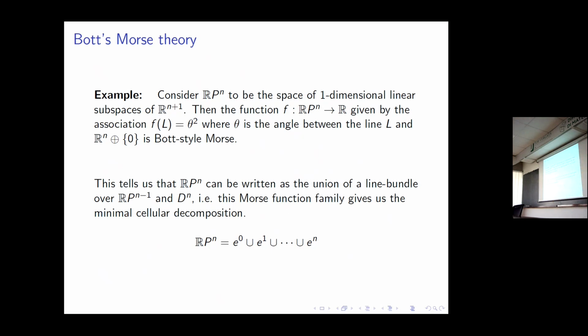If you think about it carefully, you're just attaching a single cell to the lower dimensional projective space. So by induction, this gives you the standard minimal CW decomposition of real projective spaces. Okay, so this is a way in which the CW decompositions you like are often given to you by Bott-style Morse functions.